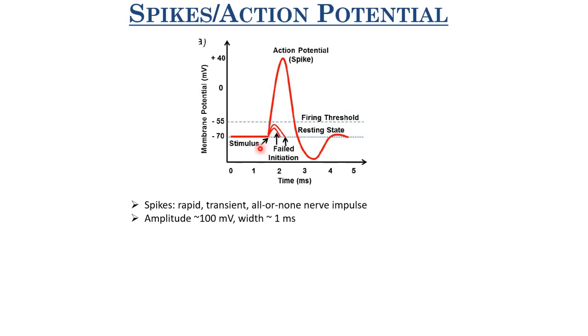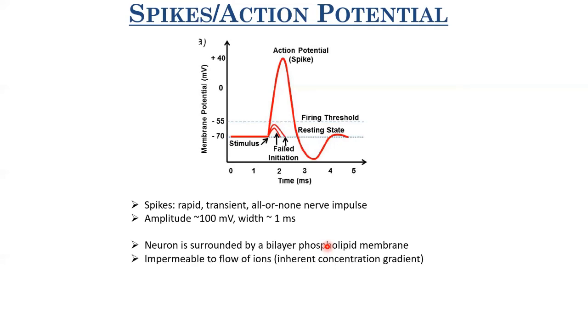So let me discuss what exactly this membrane is. A neuron is surrounded by this plasma membrane, which is made up of a bilayer of phospholipids. This plasma membrane makes it impermeable to the flow of other ions. Since it is impermeable to the flow of other ions, there's an inherent concentration gradient between the neuron and its surroundings, right?